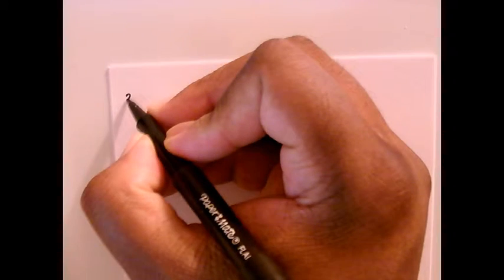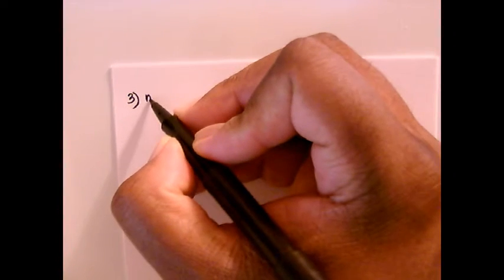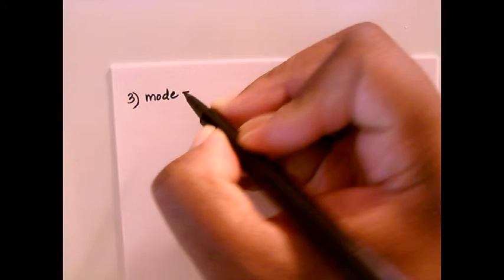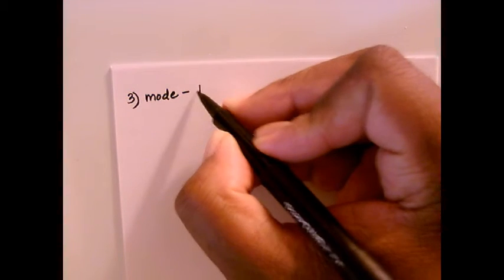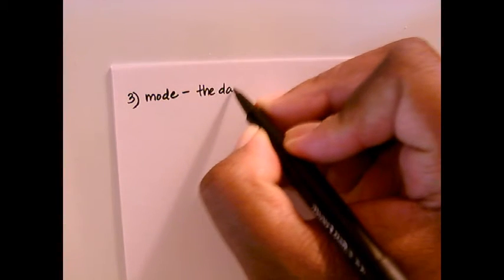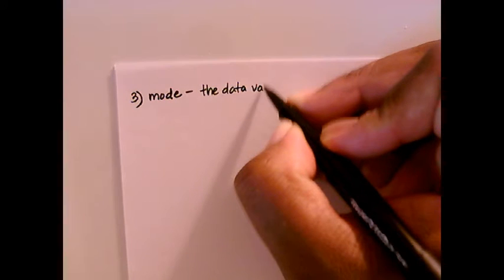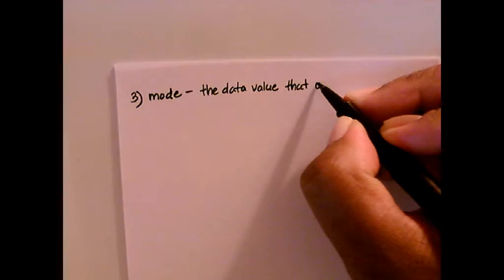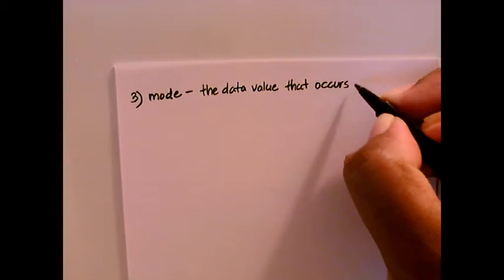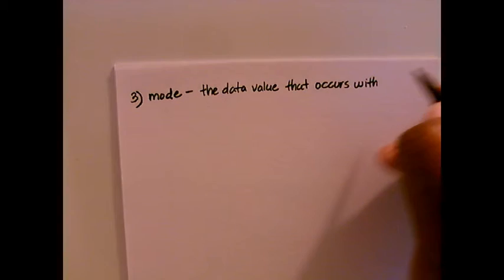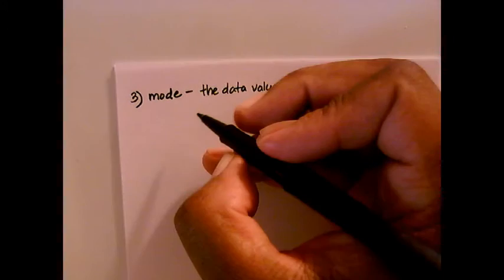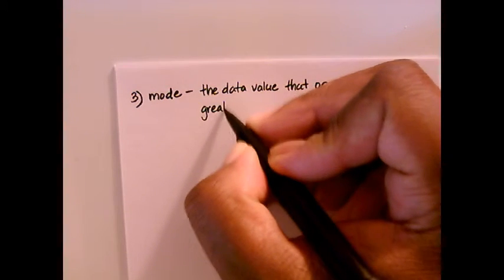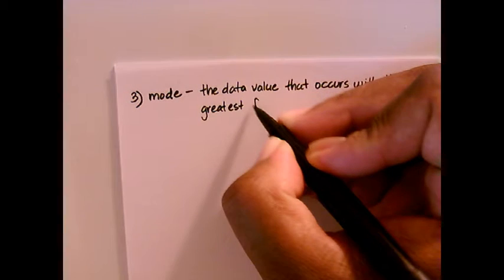Okay, now the third measure of central tendency is called the mode. Okay, the mode is going to be the data value that occurs with the greatest frequency.